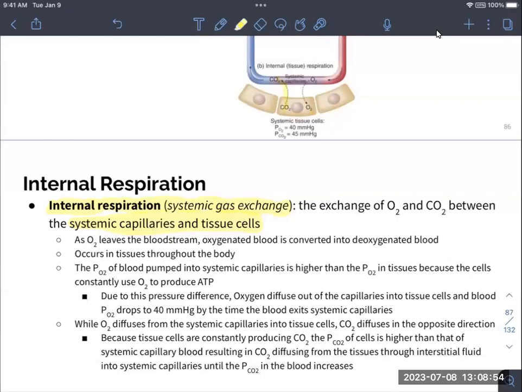So oxygen diffuses out of that bloodstream. Same goes for carbon dioxide. The pressure of carbon dioxide in that bloodstream is lower than the cells, so it causes that carbon dioxide to diffuse out of the cells into the bloodstream.